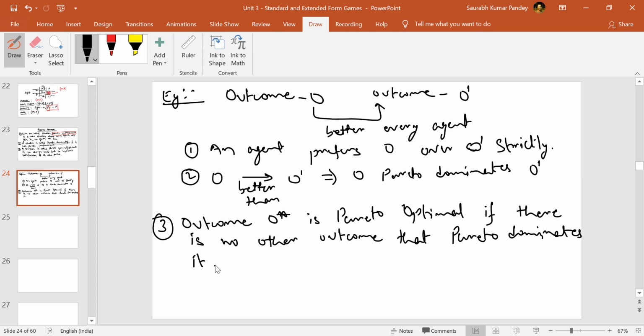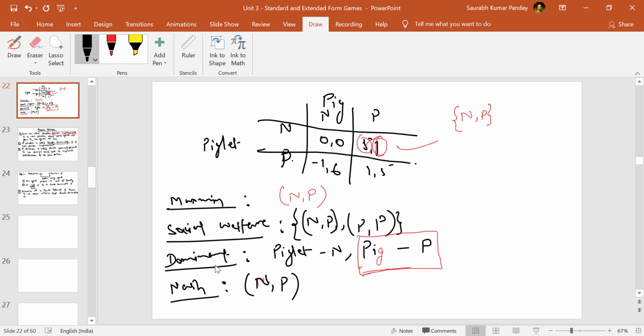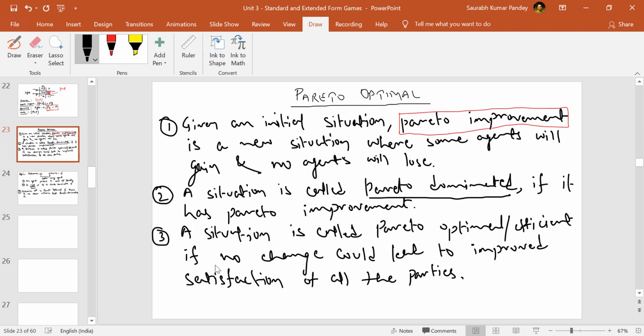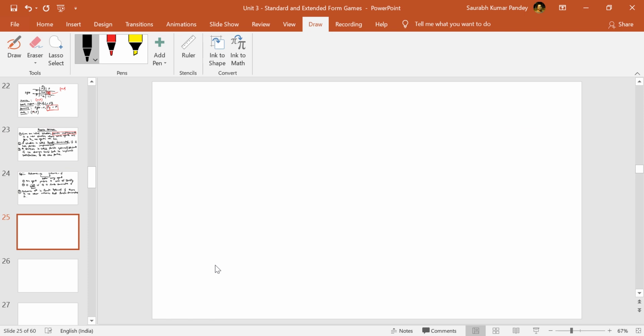Fine. So with this, the concept of Pareto optimality, this is one of the examples. Now we have seen this example, so let's revisit the different games and try to find the solution. Let us take the first game. What was the first game? It was the game of prisoner's dilemma.